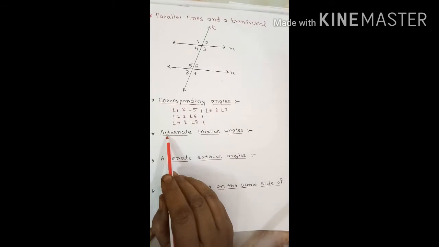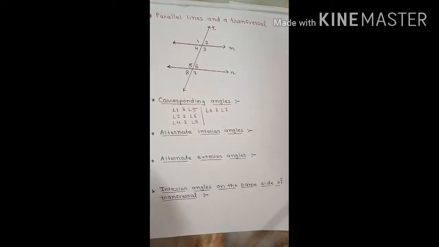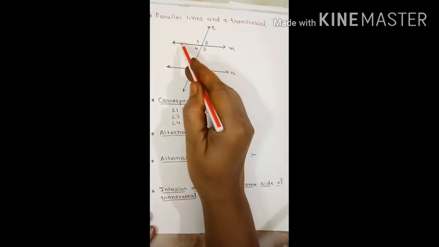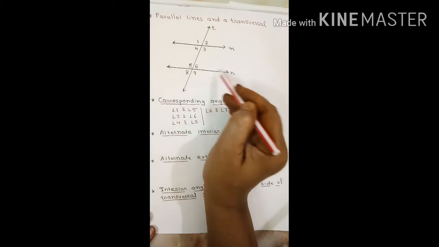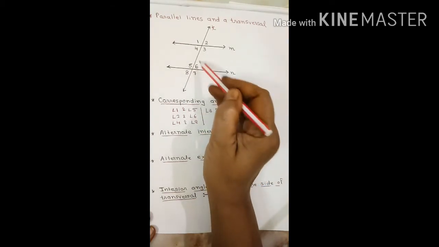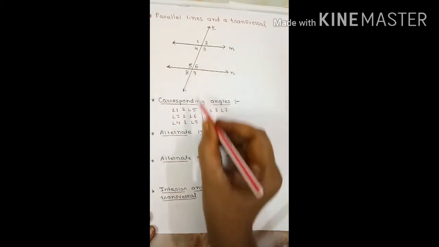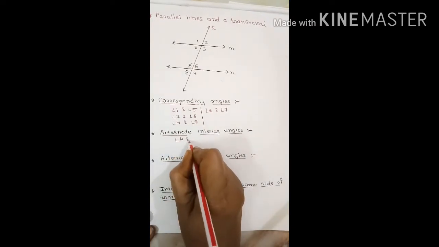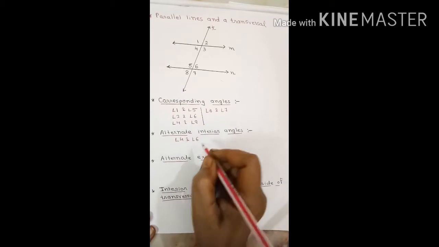Now next is alternate interior angles. Alternate interior angles are the angles in the shape of Z. Now if you see here, it looks like Z. So 4 and 6 are the angles in the shape of Z. So alternate interior angles are angle 4 and angle 6.